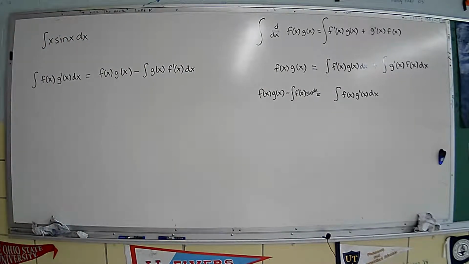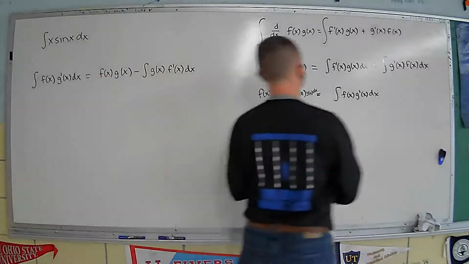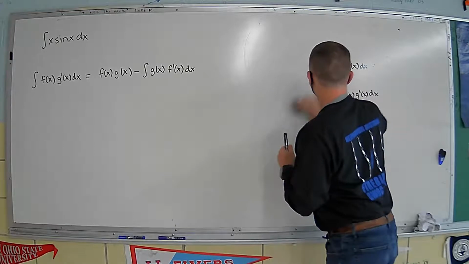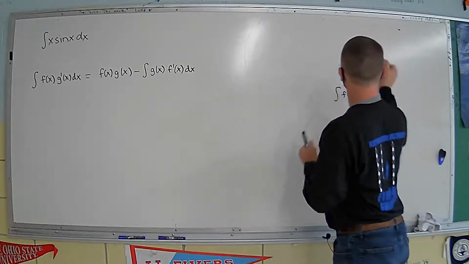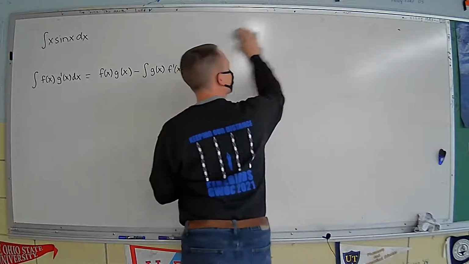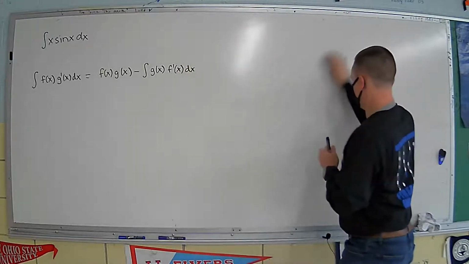All right, so how does this work? How do we use this? That's what we're going to figure out. Oh, that's deplorable. Look at that mess on there. You guys see all that residue?